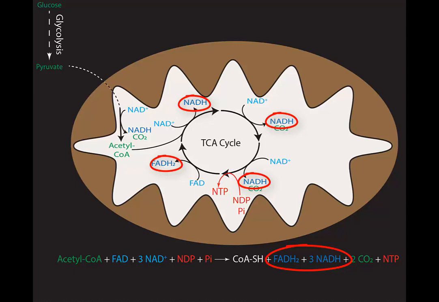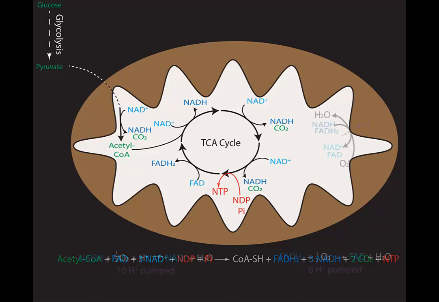Okay, so these are the really important electron carriers which will take the electrons that get produced during the oxidation of glucose. It takes those electrons to the next step, which is the mitochondrial electron transport chain.